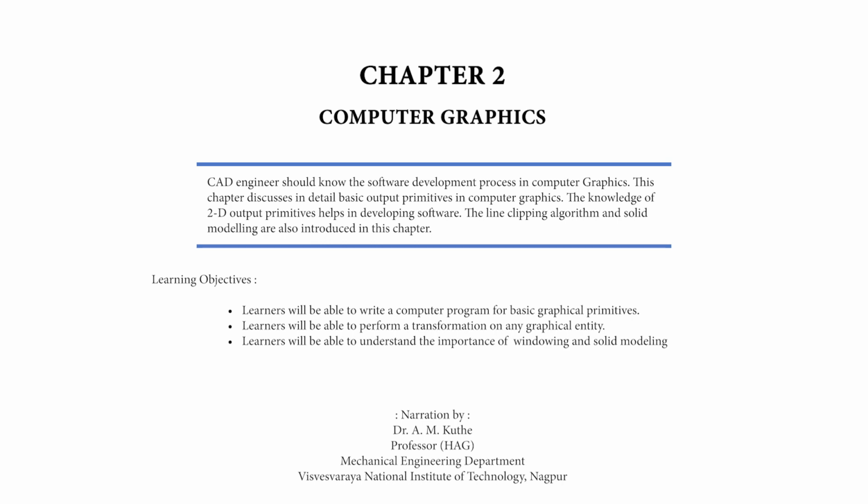Refer figure 2.9. The equation of the circle used is x square plus y square equals r square. Let xi, yi be any point on the circle. The x coordinate of the next point will be xi plus 1. The y coordinate of the next point, that is yi or yi minus 1, is decided by defining the parameters d1 and d2.